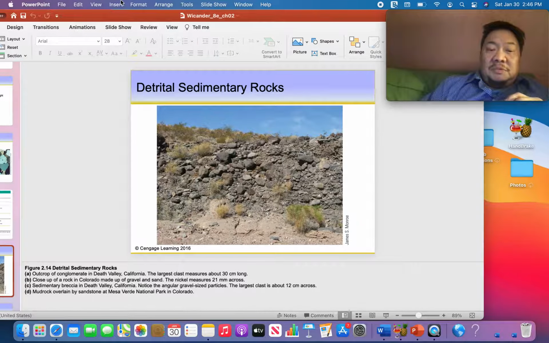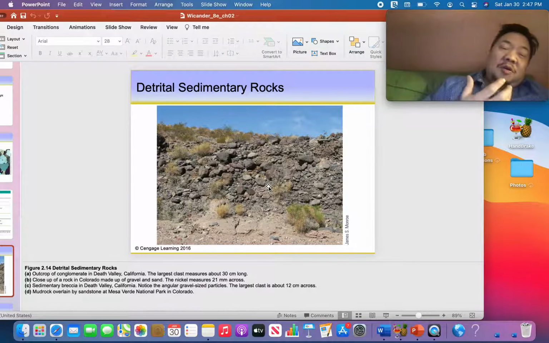Here's a typical detrital sedimentary rock. What type of detrital sedimentary rock is this? Think about it. You're smart people here, and you can figure this out. First of all, it's made of chunks of rock, and therefore it must be detrital, right?